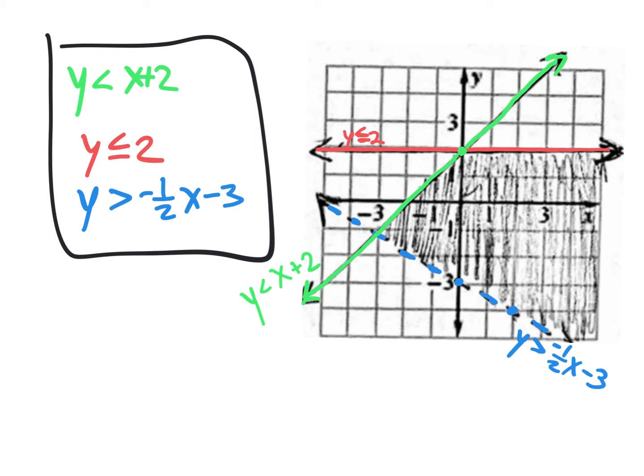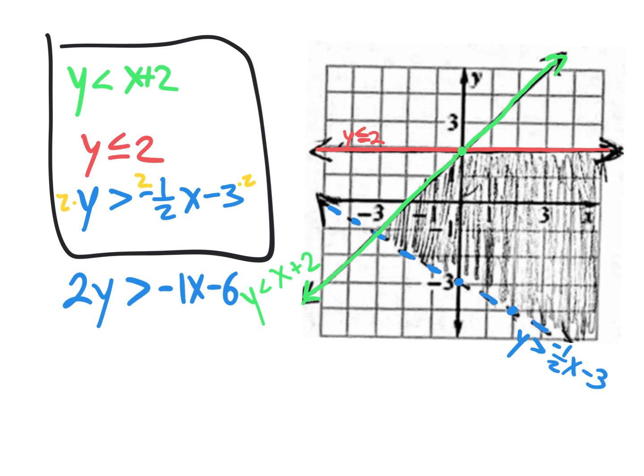You'd have to technically multiply everything here by 2 to get rid of the fraction. So times 2, times 2, times 2, everything times 2. You'll end up with 2y is greater than negative 1x minus 6, okay? And then another thing that they do have on the multiple choice is the x moved to the left side.